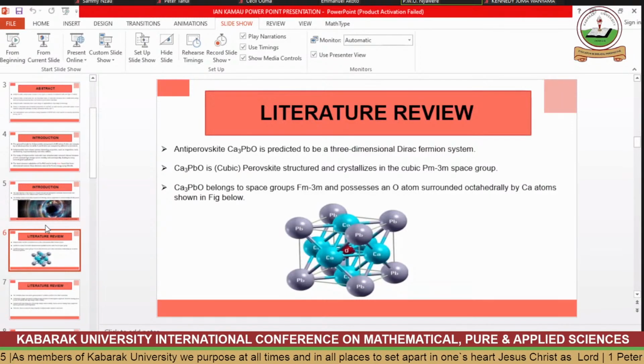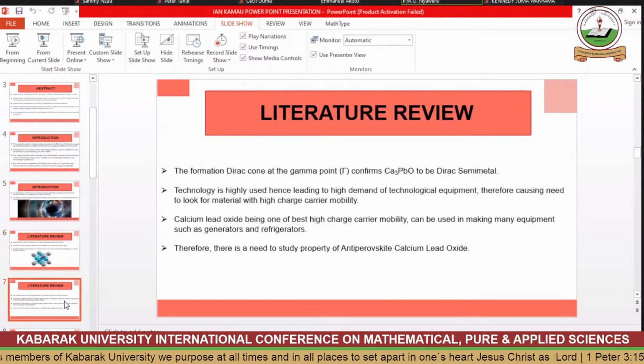That is the figure of the structure that we found. The formation of a Dirac cone at the gamma point confirms that calcium lead oxide is a Dirac semi-metal.